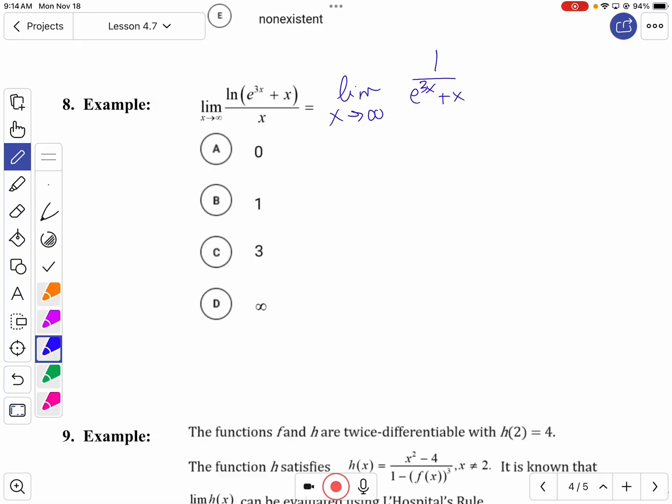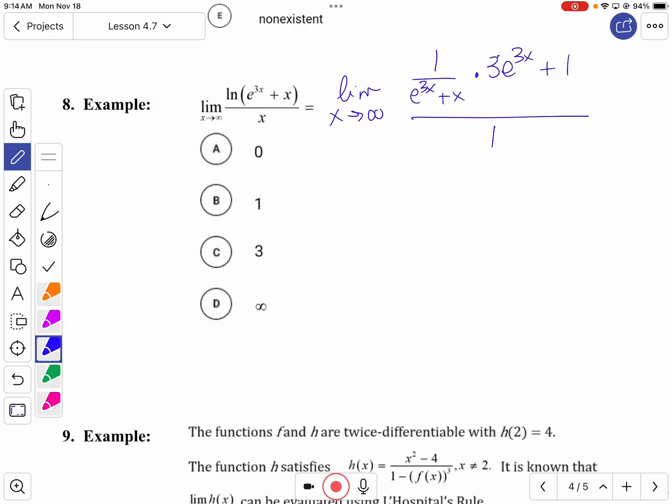What's going to be the derivative of e to the 3x plus x? E to the 3x plus 1, and I have to have a 3 next to that e to the 3x because it's composition as well. Okay, so derivative of e to the 3x is 3e to the 3x. All divided by 1.